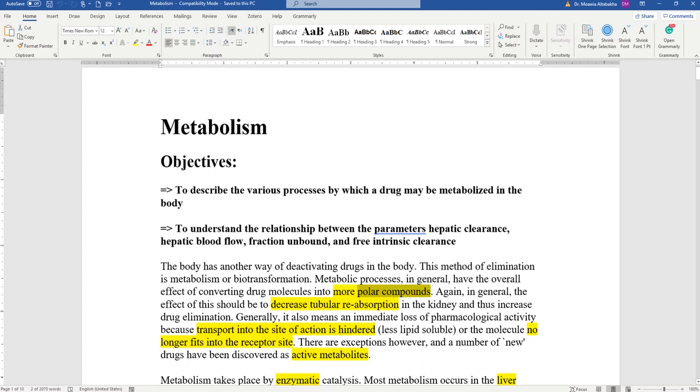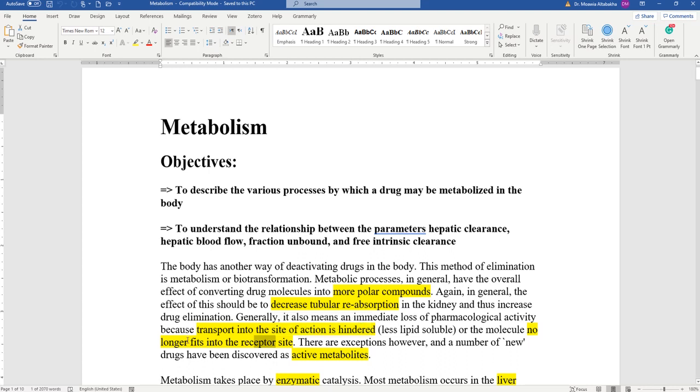Another thing is the site of action where receptors are. Because the drug has changed, it may no longer fit into the receptor site. So the action of the drug, usually, not always, will be hindered or it will no longer have an effect.